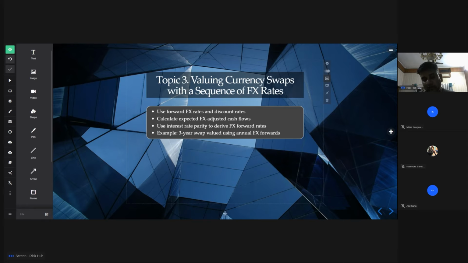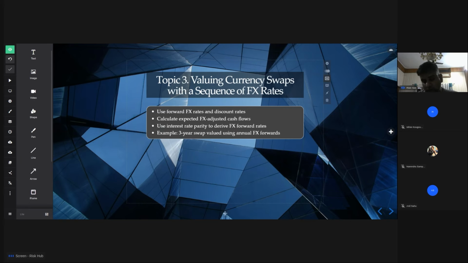That can help you calculate your FX swap. You can use it for fixed currency swap. You can use it to convert one currency to another, and you derive your FX forwards. You build your other currency's cash flows using your FX forward.